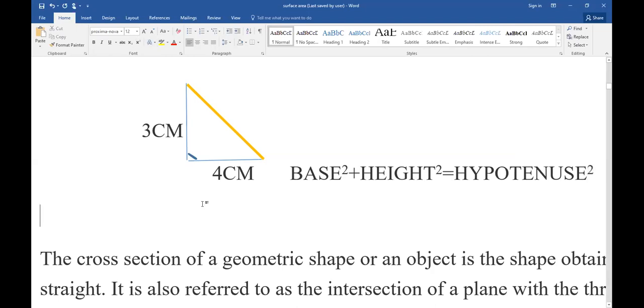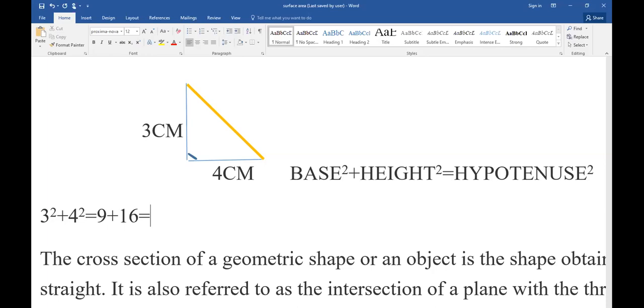So in short, what we are saying here is 3 squared plus 4 squared is supposed to give us hypotenuse squared. 3 squared is equal to 9, and 4 squared is equal to 16.